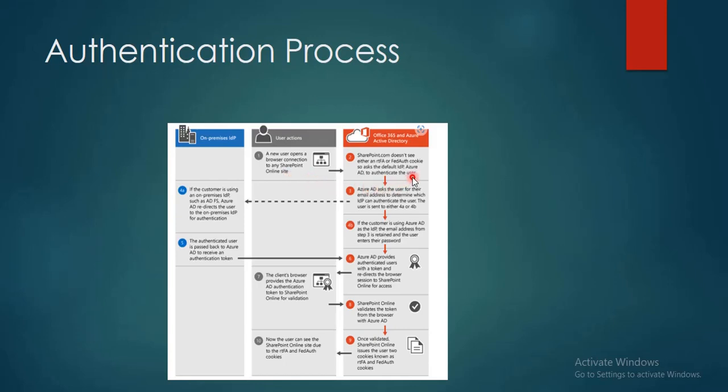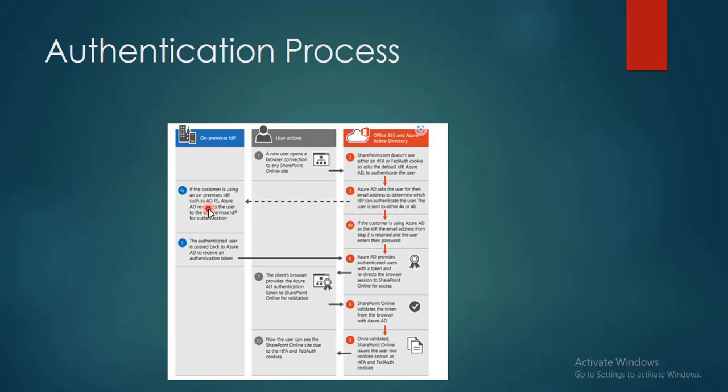They will hit the SharePoint admin URL, either with an RTFA and FedAuth cookie. The user has to go to Azure AD, and Azure AD will first ask for the user's email address to get the IDP, so that the IDP can be authenticated first.